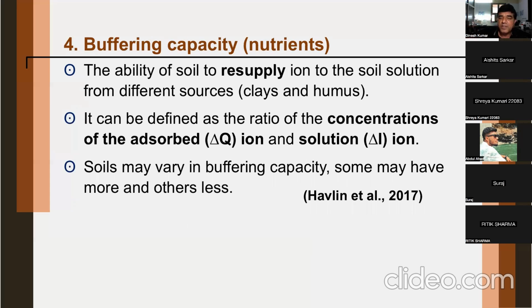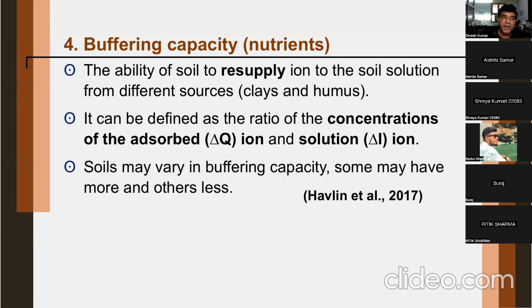Now, buffering capacity of nutrients. It is the ability of soil to resupply ions into the soil solution from different sources. So what are the sources? Your colloids. So how quickly, how readily the nutrients can be supplied or replenished into the soil solution, that capacity is known as buffering capacity.